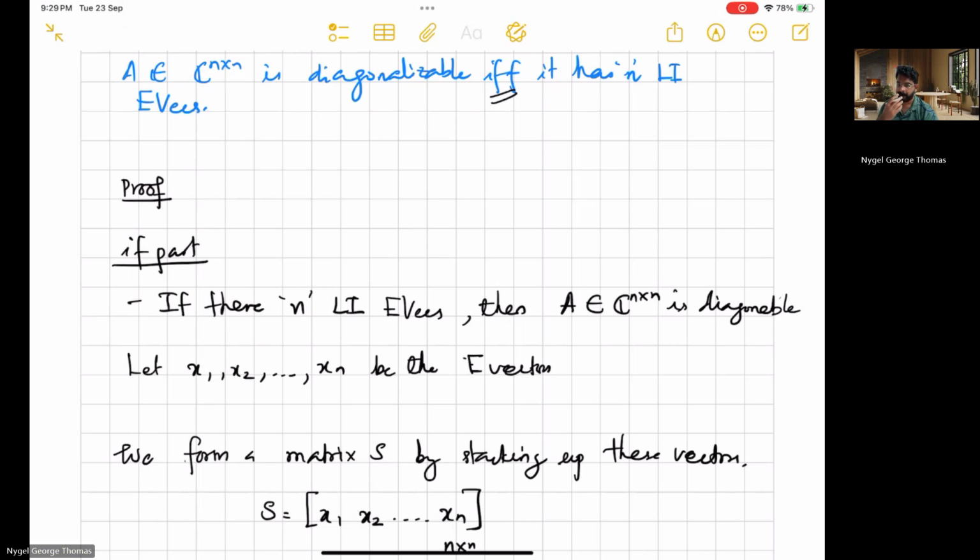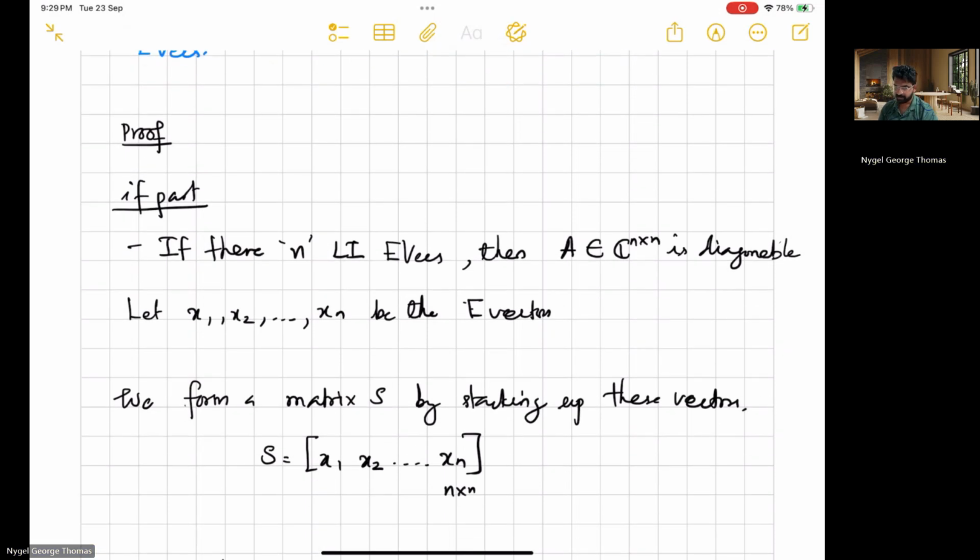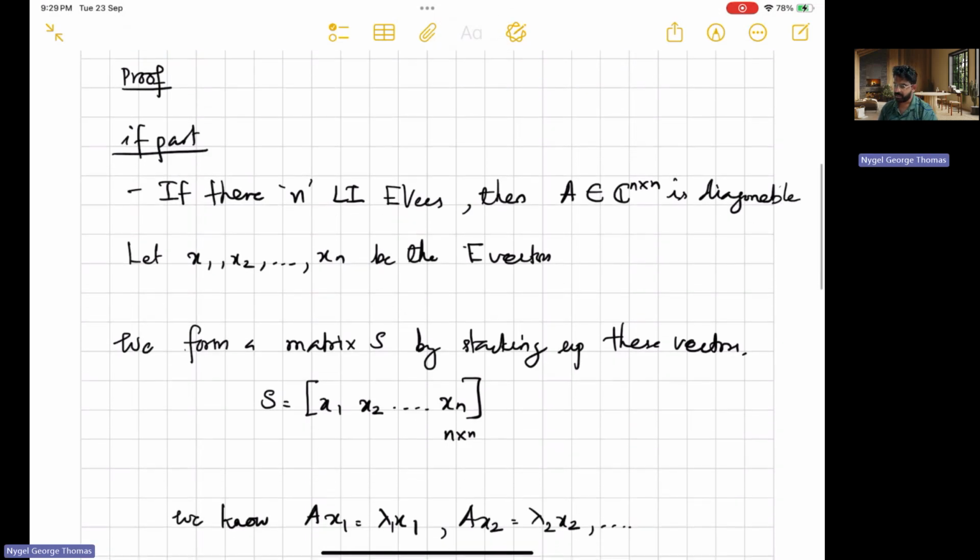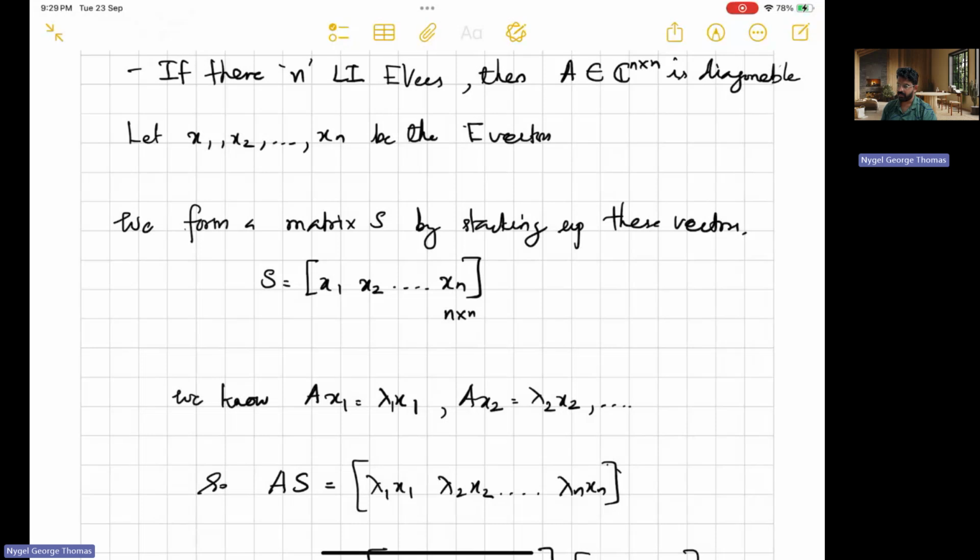We stack up all these eigenvectors as columns of a matrix, and we form a matrix S. We know A into x1 is equal to lambda1 into x1, where lambda1 and x1 are an eigenvalue-eigenvector pair.